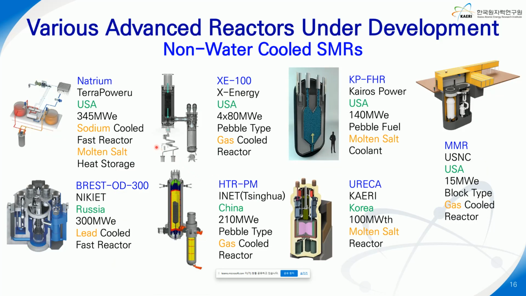The core calculation challenge is even bigger for the non-water-cooled reactors. These are sodium-cooled and lead-cooled fast reactors under development, and these are pebble bed type and block type gas-cooled reactors, and these are molten salt reactors with molten fuel and or solid fuel.